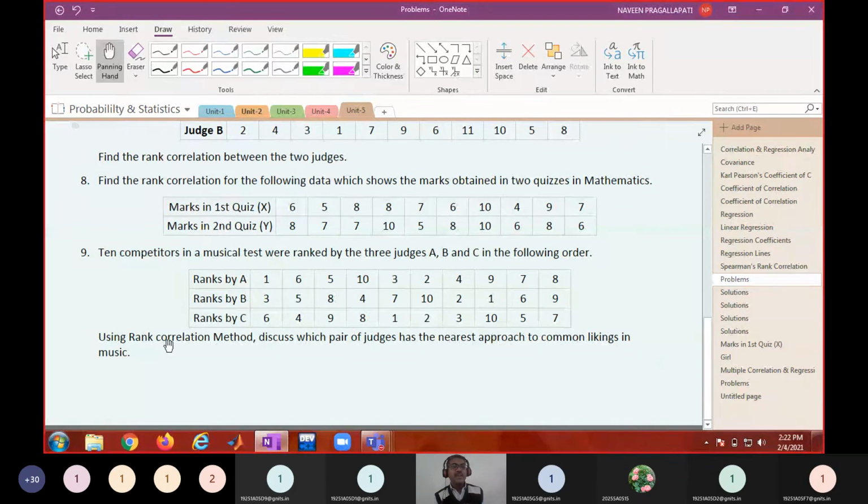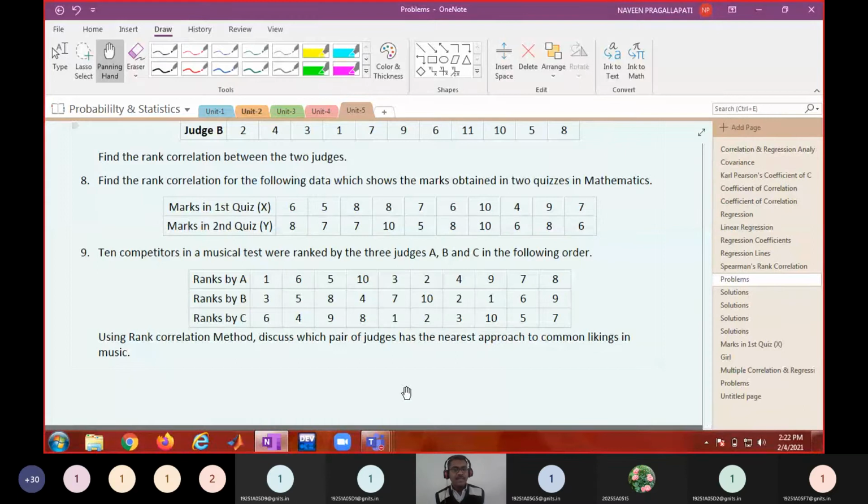That means how many rank correlations you have to find out? 3. Find the rank correlation between A and B, between B and C, and between A and C. Then among the 3 rank correlations, pick up the pair which has the highest rank correlation.